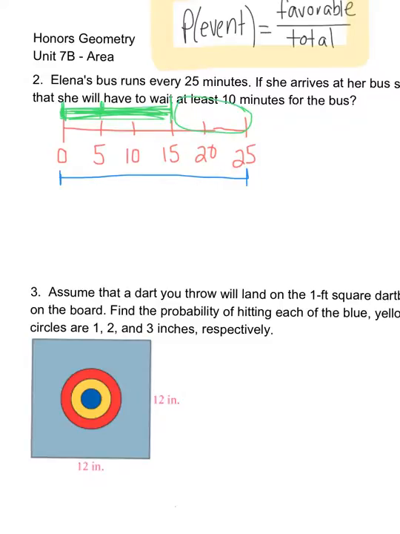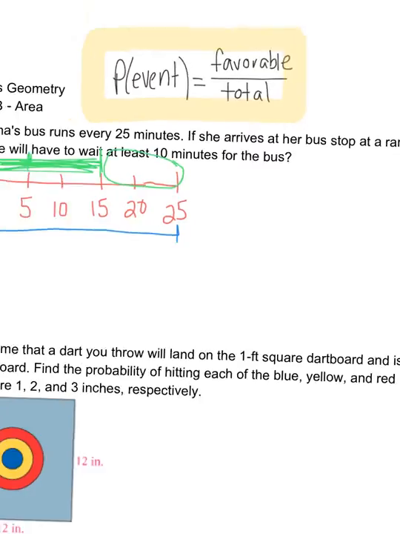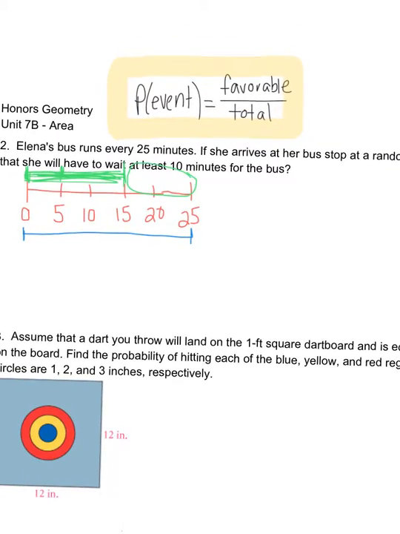If I put this into my ratio of favorable over total, I'm going to write the length in my favorable.